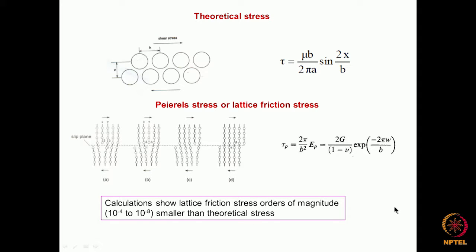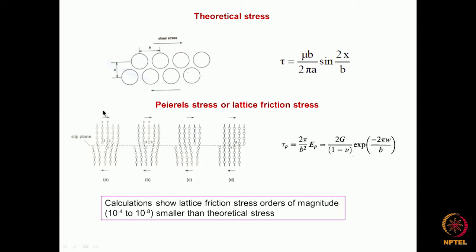To understand this better, I had given a comparison between the theoretical stress required for deforming a material in the absence of a dislocation and that for deforming the same material when dislocations are present.